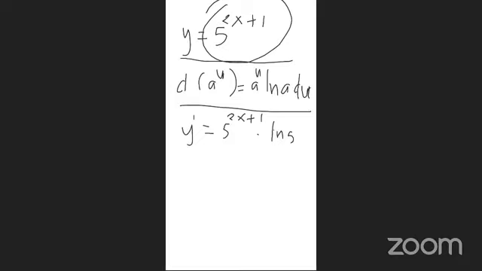What's the derivative of u? The derivative of 2x plus 1 is 2, so times 2.